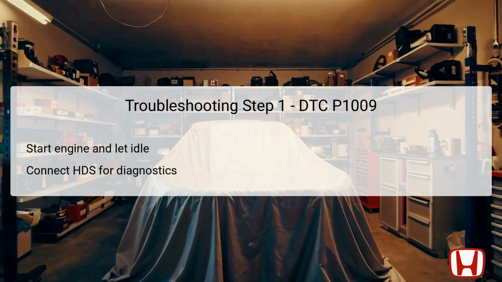The HDS can provide real-time data on the camshaft position, oil control solenoid status, and other pertinent parameters that may have triggered the DTC. Ensure the HDS is calibrated and functioning properly to gather accurate information during this diagnostic phase.